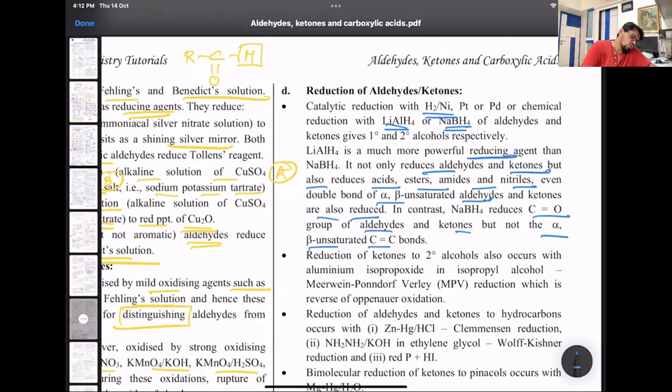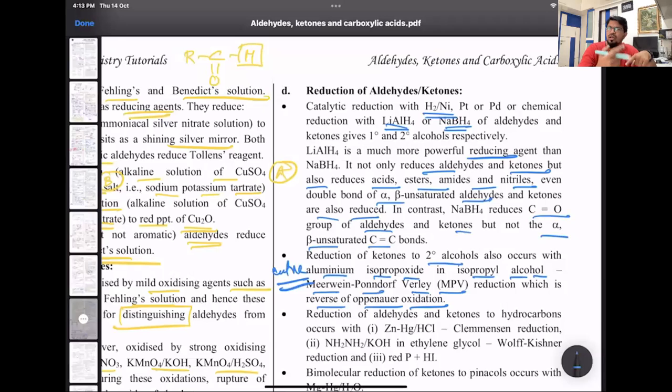Reduction of ketones to secondary alcohol also occurs with aluminium isopropoxide in isopropyl alcohol. That's called Meerwein-Ponndorf-Verley reduction, which is the reverse of Oppenauer oxidation. We discussed Oppenauer, this is an extra point. So remember, two reactions are opposite. In Oppenauer oxidation, secondary alcohol is oxidized to ketone in presence of excess isopropyl alcohol, which is reduced to acetone.